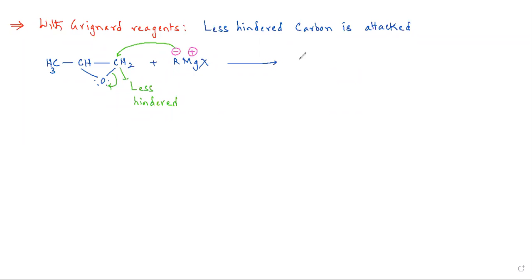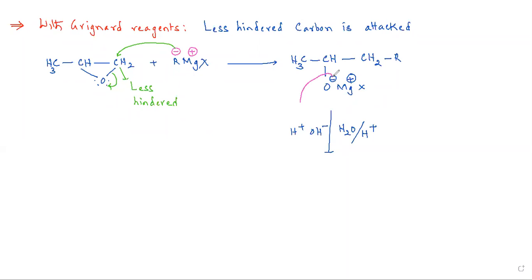We'll see that CH3, CHO, O minus, then Mg plus X, CH2R. Now when a water molecule is added, or let me say on hydrolysis in the presence of acid, it can be written as H plus and OH minus.